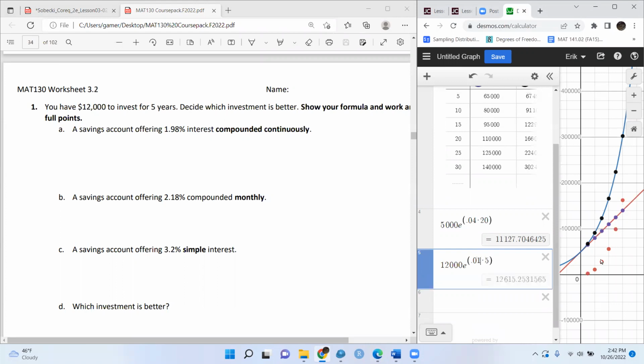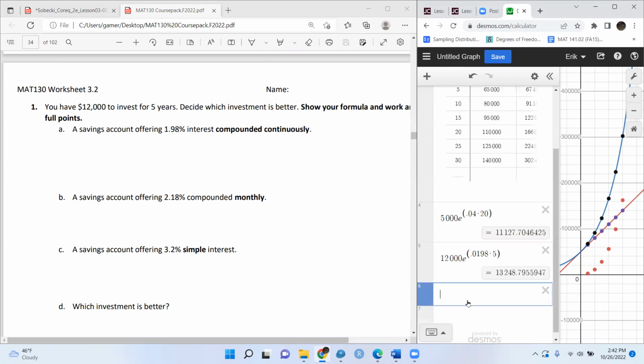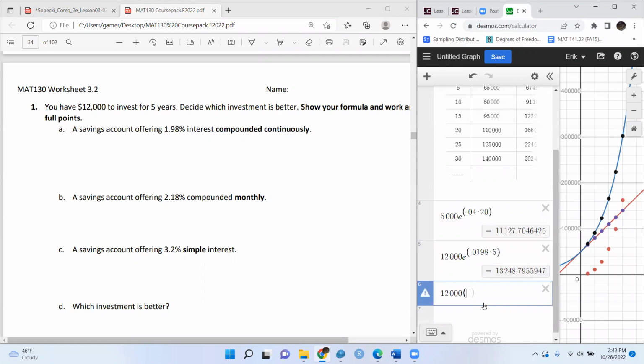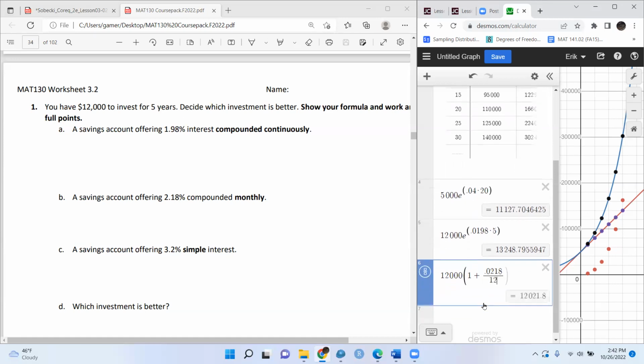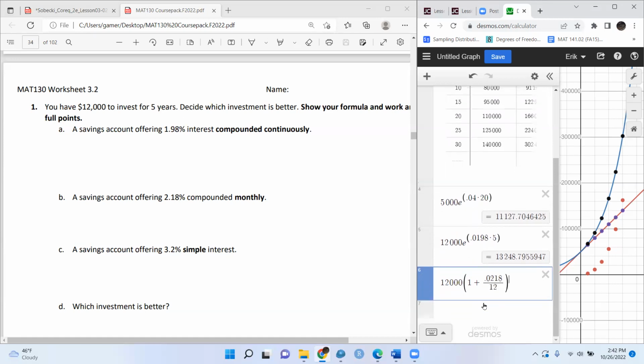Okay. Let's see. So, Jennifer, you said you got monthly. 1 plus 0.0218 divided by 12, raised to the 12 times 5. That would be the monthly.